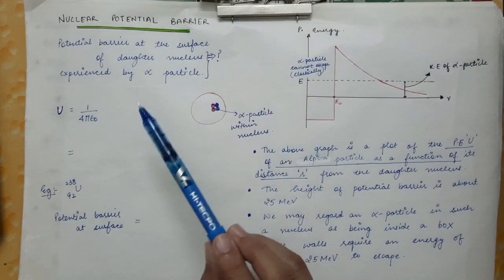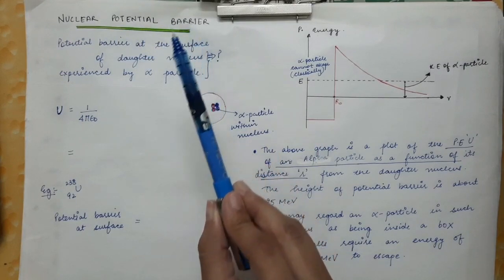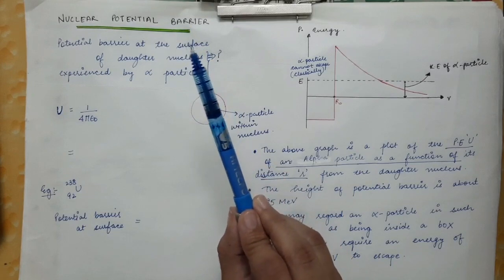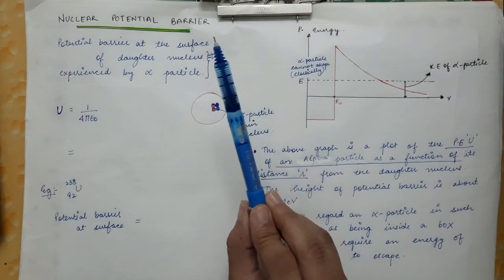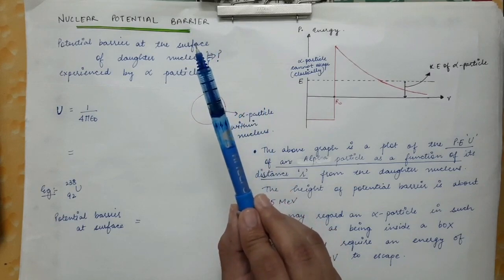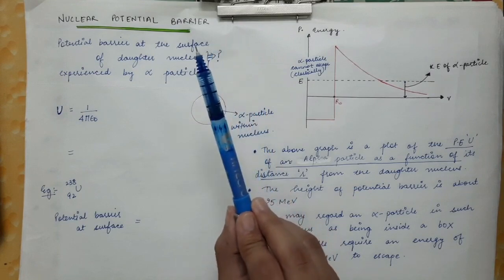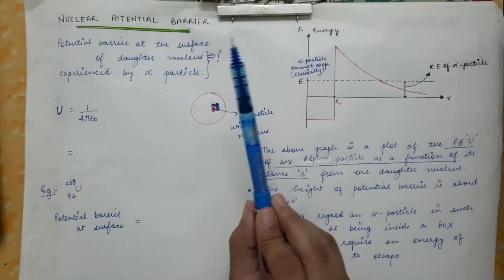So first of all, we are going to see what is the nuclear potential barrier which is experienced by alpha particle. So alpha particle, it is a charged particle. It has a charge of plus 2e, and the nucleus from which the alpha particle is emitted is also charged because it has protons in it.